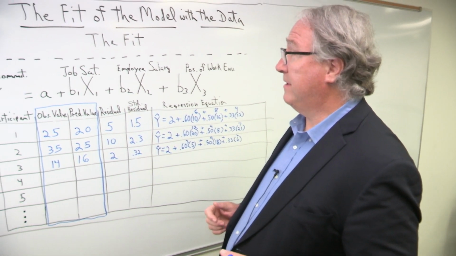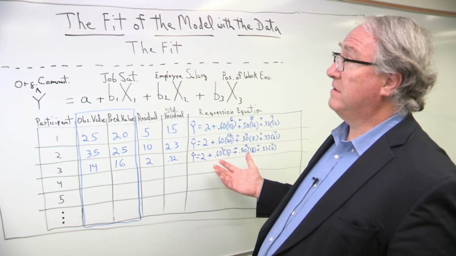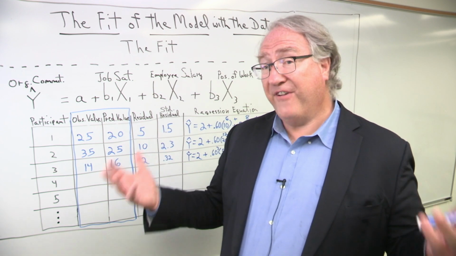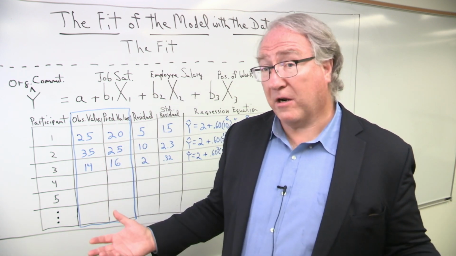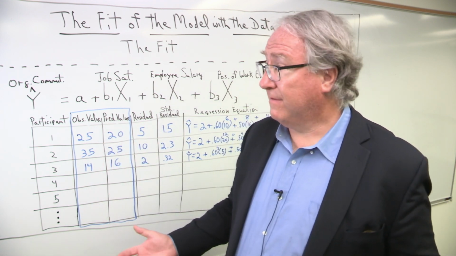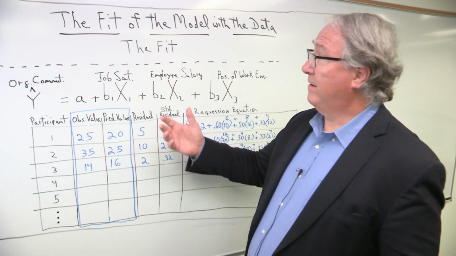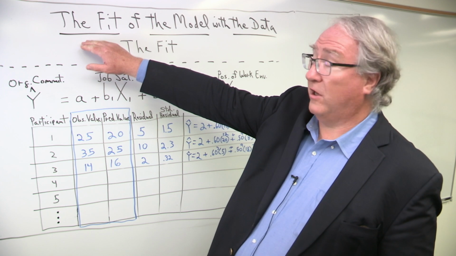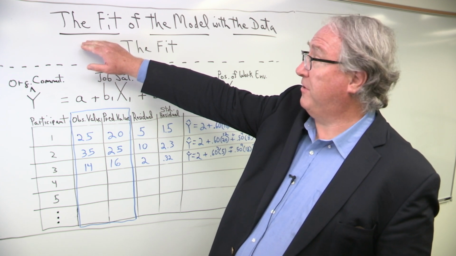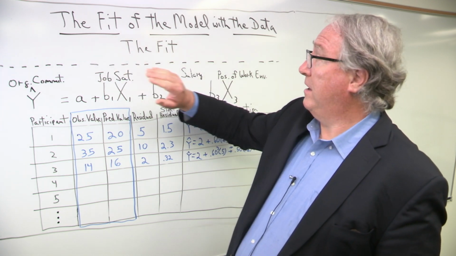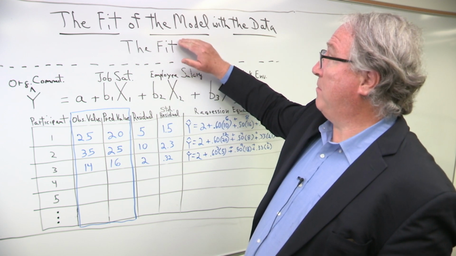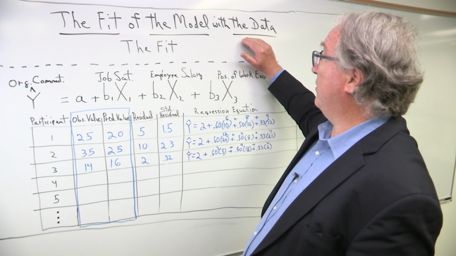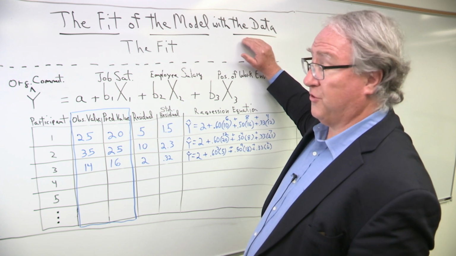Okay, so now let's talk about what we mean when we talk about the fit of the model with the data. What we're saying is how close overall, across all of the participants in our sample, are the predicted values from the model, based on person scores on the predictor variable measures, coming to the actual observed values on the outcome variable measure.